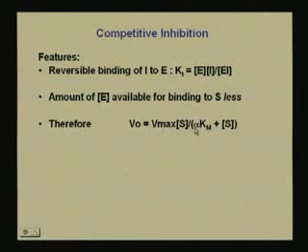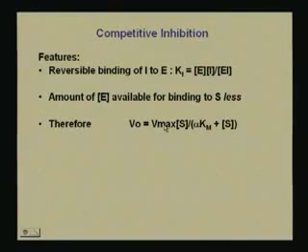The Km value has an alpha associated with it now. The Km value you see is not Km anymore. It is alpha Km because the Km is being modified, and we saw how it is being modified. The Vmax is the same. The Vmax does not change. Why? Because the total enzyme is the same.